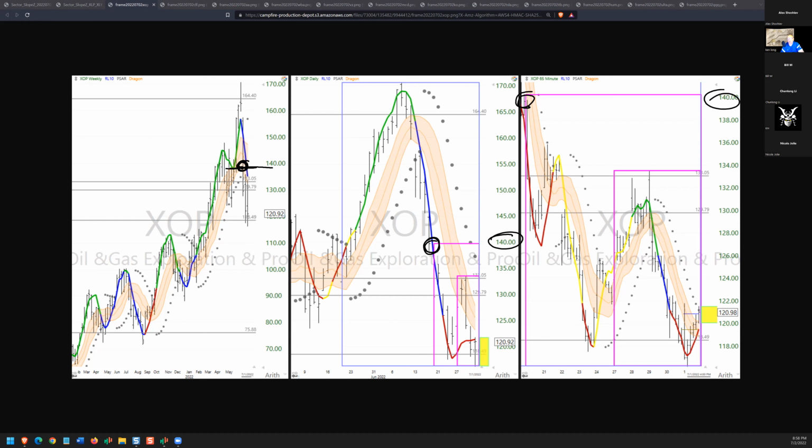Now, if this is going to continue its little upward gains, you would expect that. Critical state, big collapse. So when weekly support collapses, look out below.